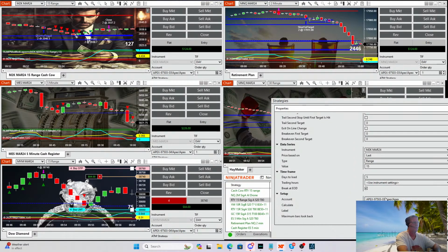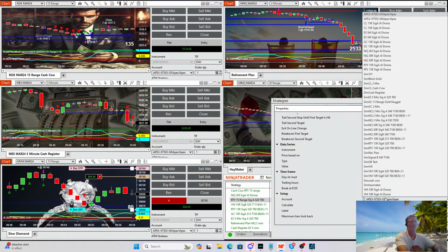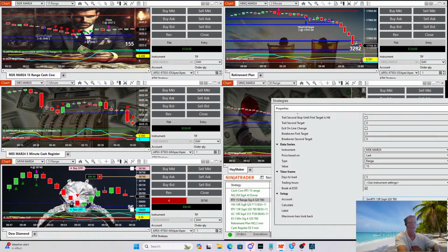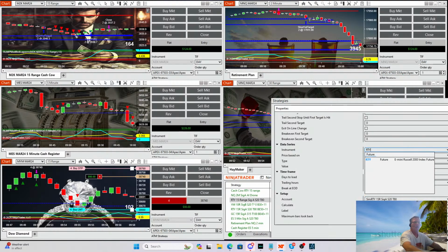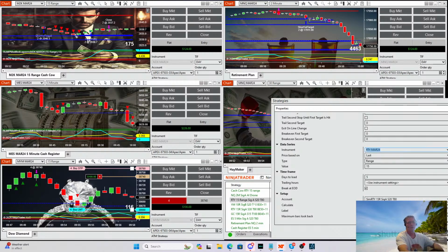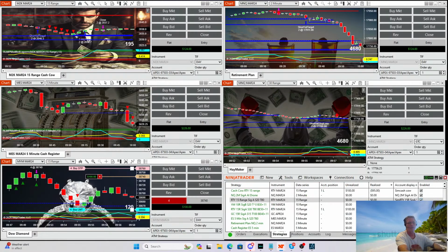Signal A, RTY 15 Signal A, 2080. Order filled. The reason I'm putting them back is I want to collect some data on them, see how they continue to do. Order submitted.